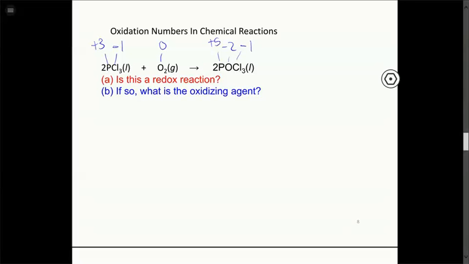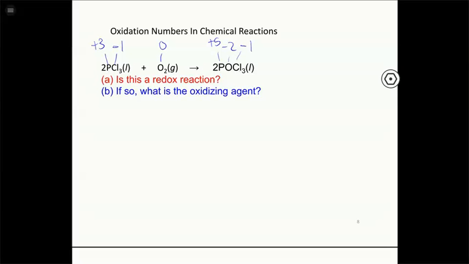So these are the 3 oxidation numbers for the product POCl3. One thing to keep in mind is that when we're assigning oxidation numbers, we ignore the coefficients. It doesn't matter that there's 2 PCl3 here. All that matters is that each phosphorus is +3 and each chlorine is -1. There are 2 of those molecules, but that doesn't change how you assign the oxidation number. We just have to worry about the formula of each reactant and product.